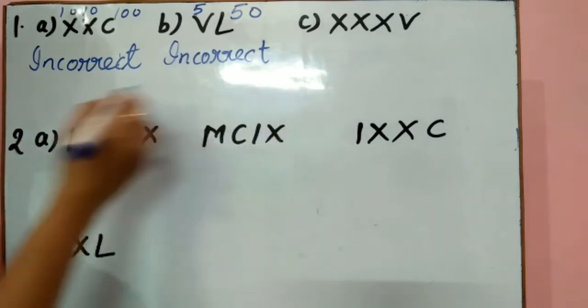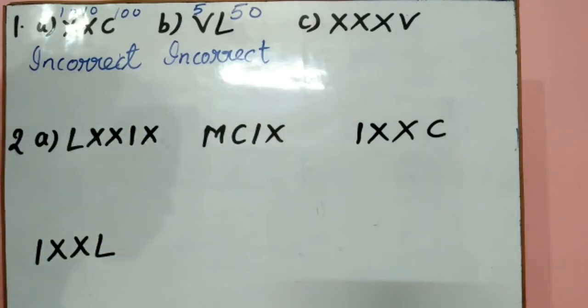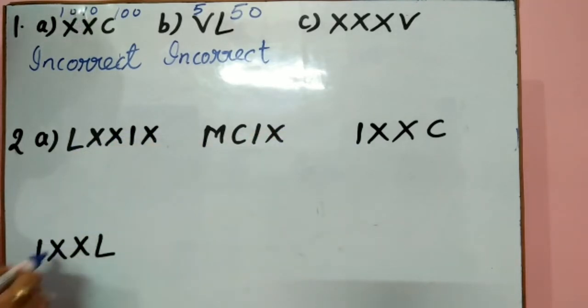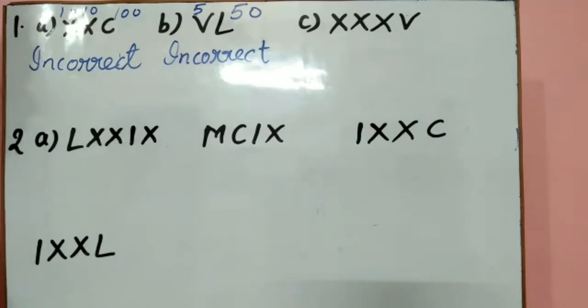Out of these 4 Roman numerals, whose value is 79? First of all, we will find out the value of all the Roman numerals. Then we will see which Roman numeral is 79.